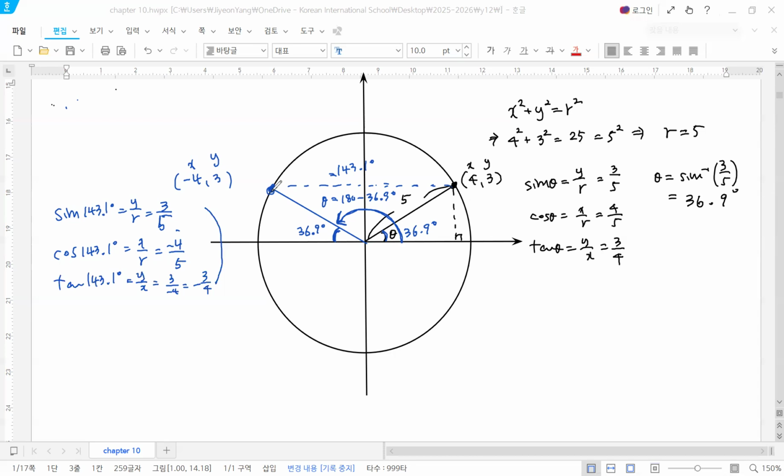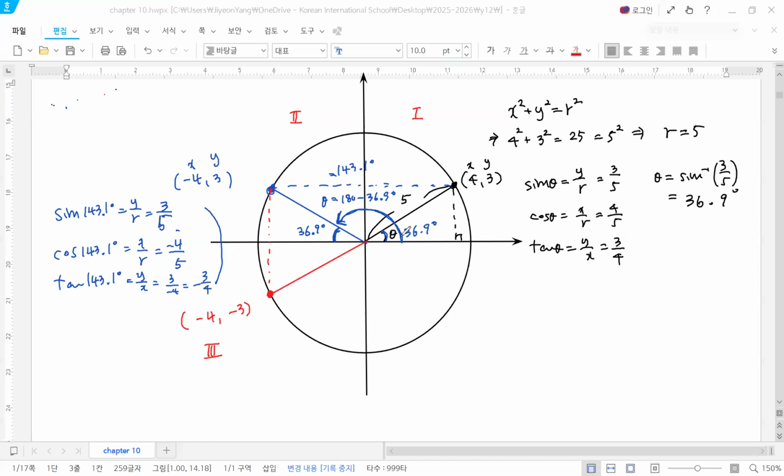Now I am going to reflect this coordinate to the x-axis here. Then the coordinate is going to be -4, -3, and it is located in the third quadrant. This is the first quadrant, second quadrant, and the third quadrant. Let's draw a straight line joining this coordinate and the origin.